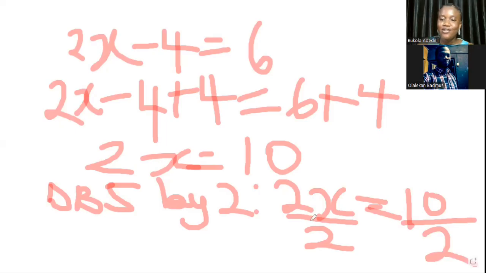Now, once you divide 2 by 2, what do you have? You have 1. So it means we have just 1 here, and 1 multiplied by x will definitely give you x. So when you divide 10 by 2, you have 5. So x equals 5.